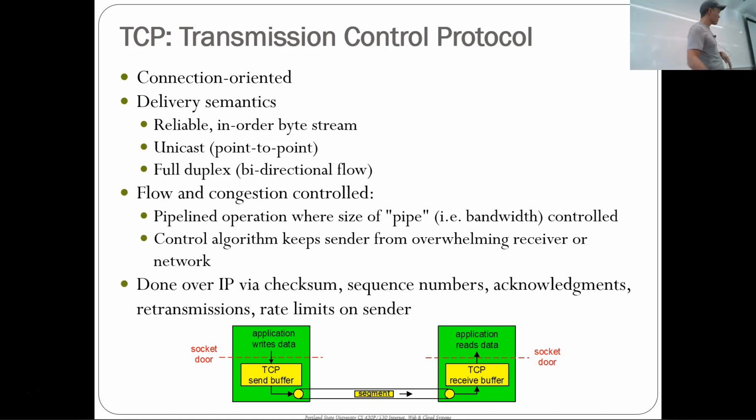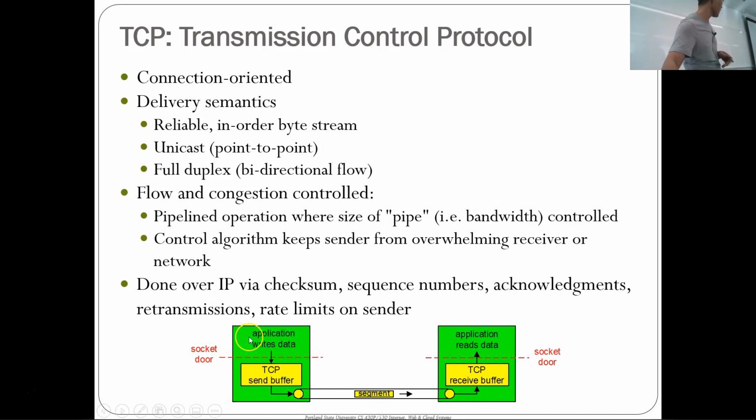And so how is this done? This is done over IP using checksums, sequence numbers, acknowledgements, retransmissions, and then rate limits on the sender. So these are all facilities that TCP is going to take care of for you so that when you bring up your connection to a web server or a mail server, you don't have to worry about implementing all of this. So this is all done for you. And this is the abstraction that TCP is giving you.